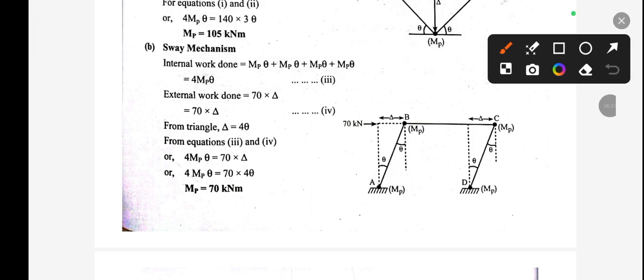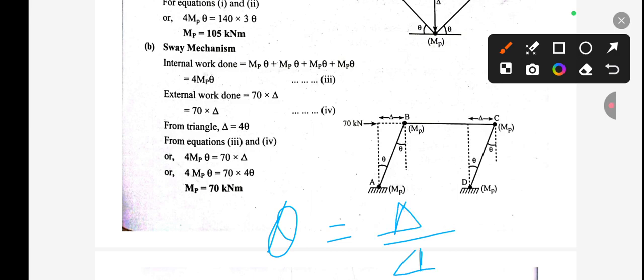So this theta can be written as delta by 4. From here this delta can be written as 4 theta. So in the place of delta we can write 4 theta.